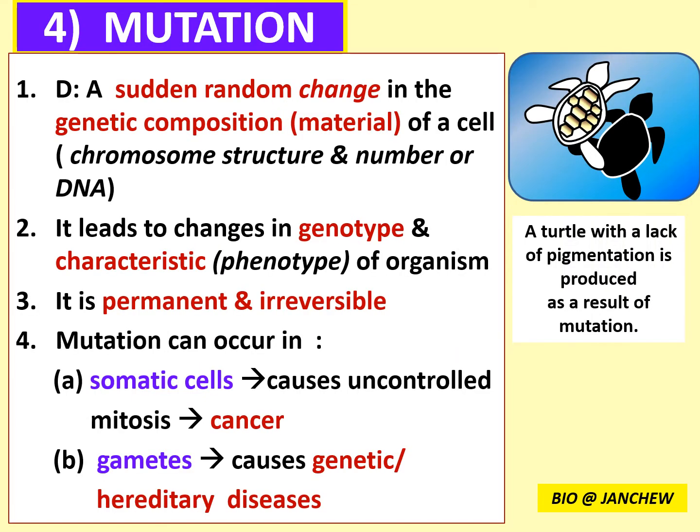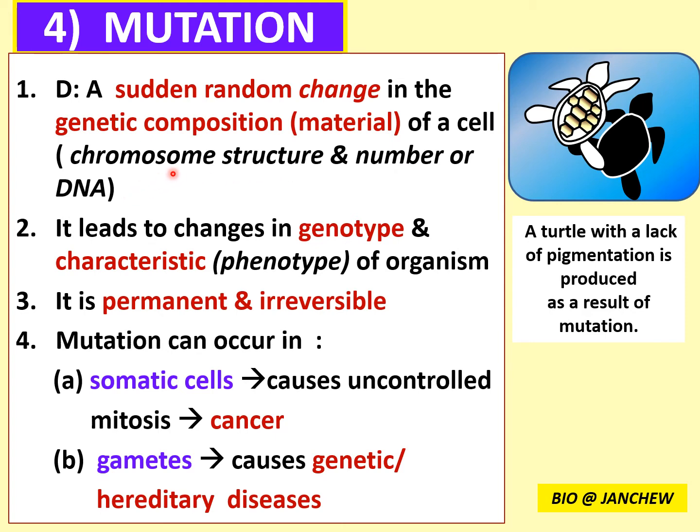The fourth genetic factor that causes variation is mutation. Now, mutation is a sudden random change in the genetic composition or material of a cell. By genetic composition or material, we mean the chromosomal structure or number or the DNA.